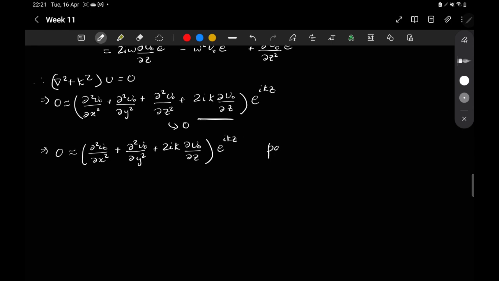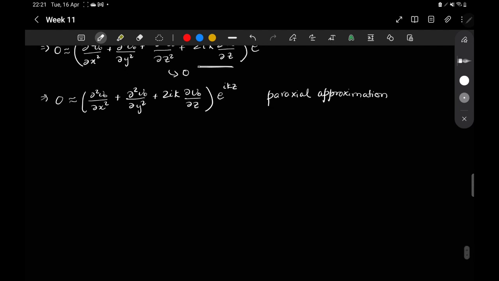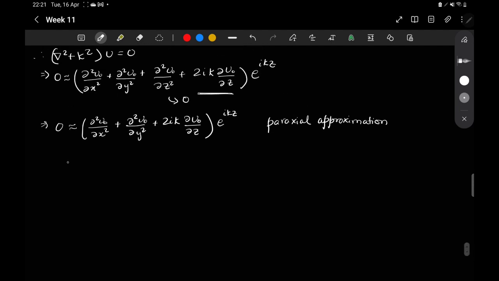And just to remind, this is under the case of paraxial approximation. And then this can be written as follows. So this term will never be 0. Exponential is always positive.